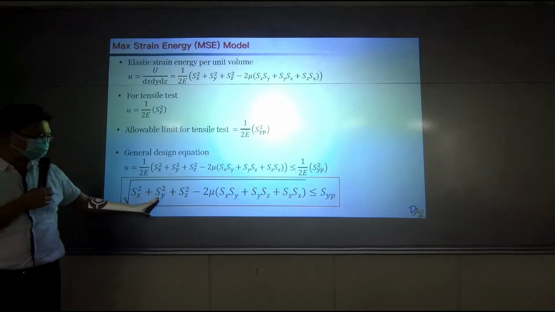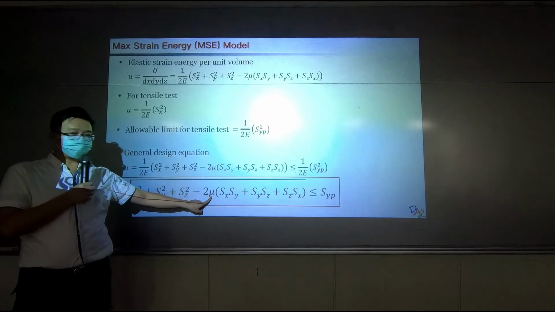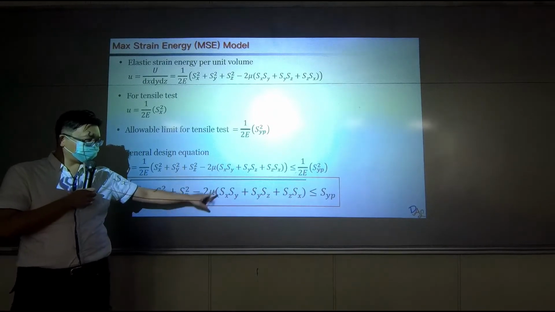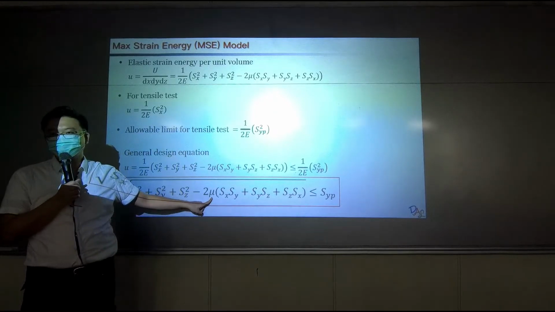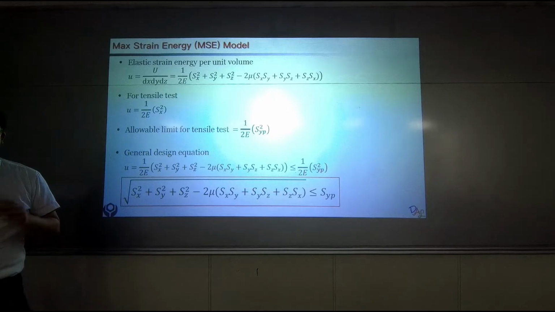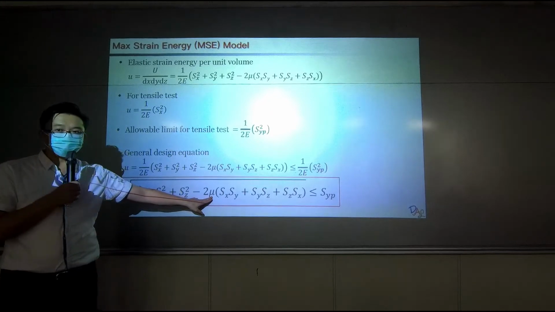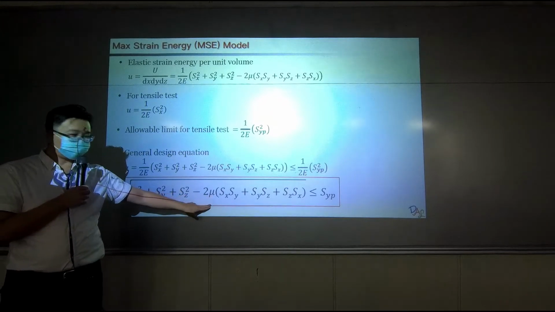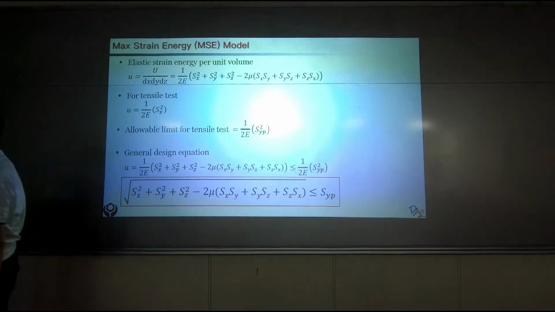You can have stress in every direction, x, y, and z. And over here, there's a unique property included in the equation. You need to know the Poisson's ratio. Poisson's ratio for every material cannot be 0.5. Usually this value is less than 0.5, something like 0.4, 0.3.